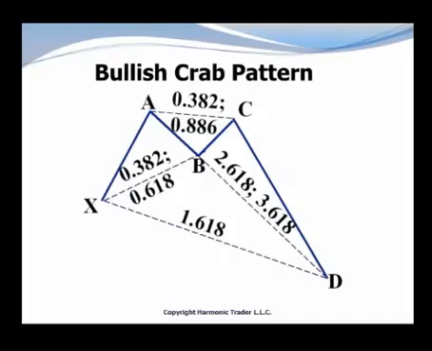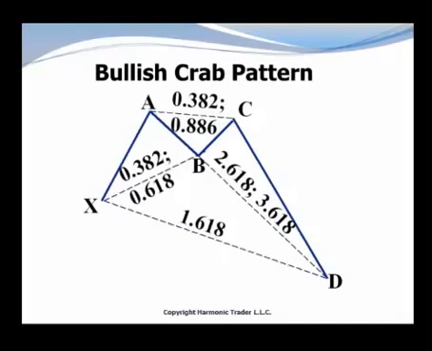For the crab, we want to focus on the 1.618 XA extension with the extreme 2.618 to 3.618 BC measurement. Although the ABCD component is a complementary measure, it still outlines valid structures.